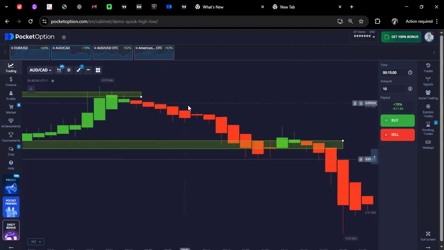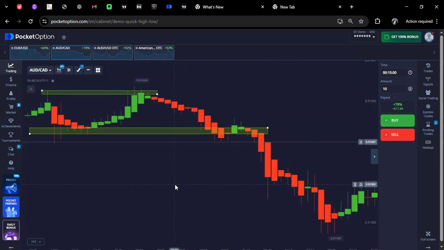When there's a rejection, there's a longer wick right here, then a smaller body. Then it gives you that idea.